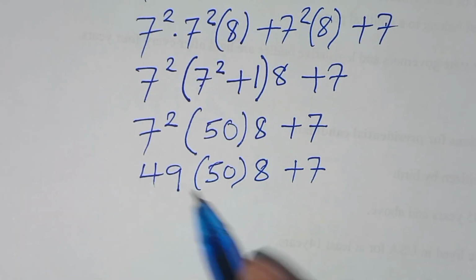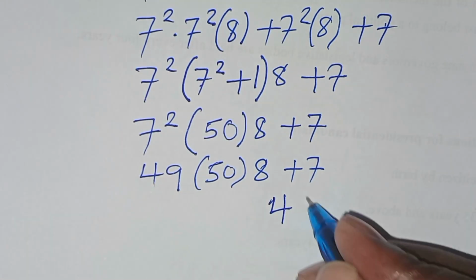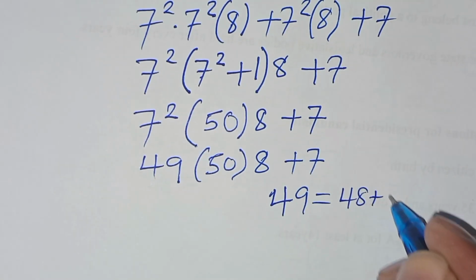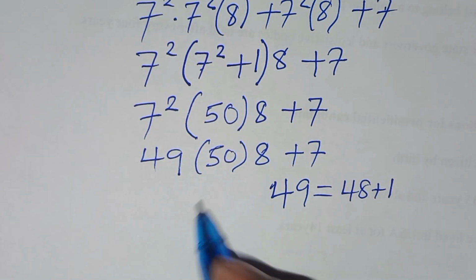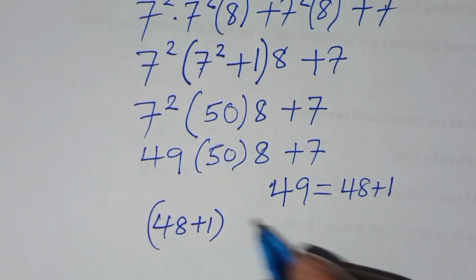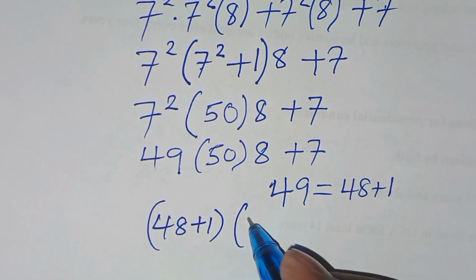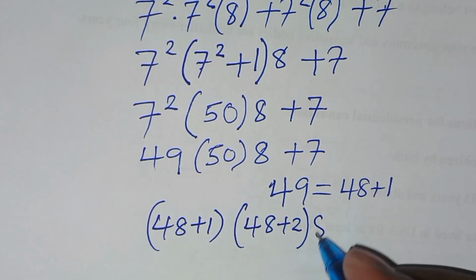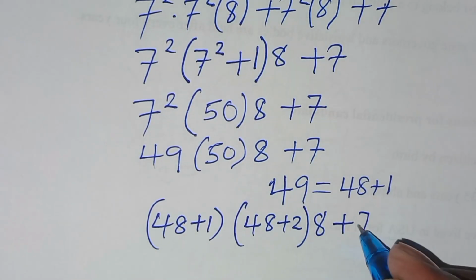Now, we can express 49. 49 can be expressed as 48 plus 1. So here we have 48 plus 1. Then 50 can be expressed as 48 plus 2. Then multiplied by 8, then plus 7.